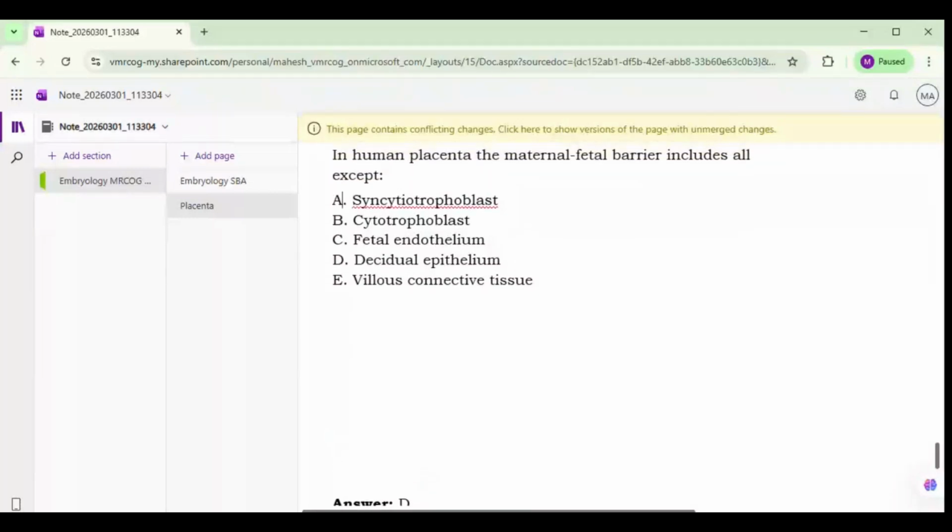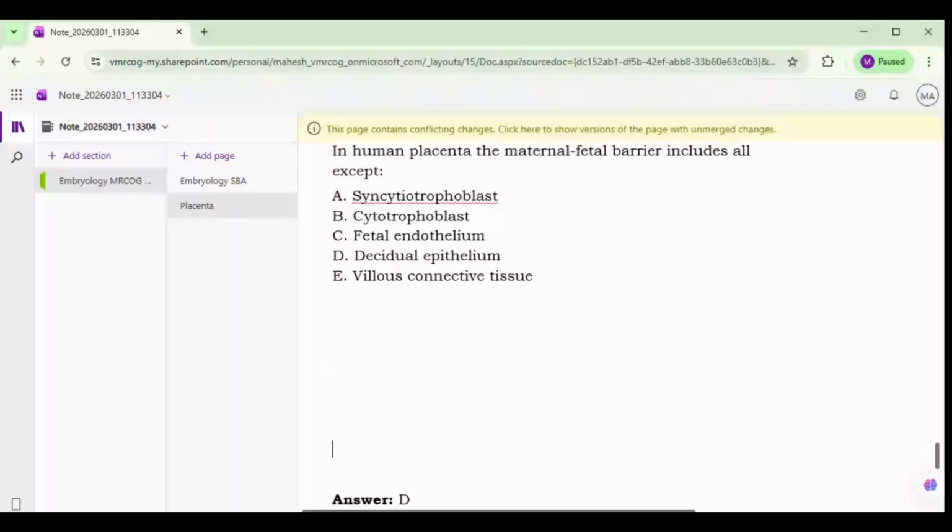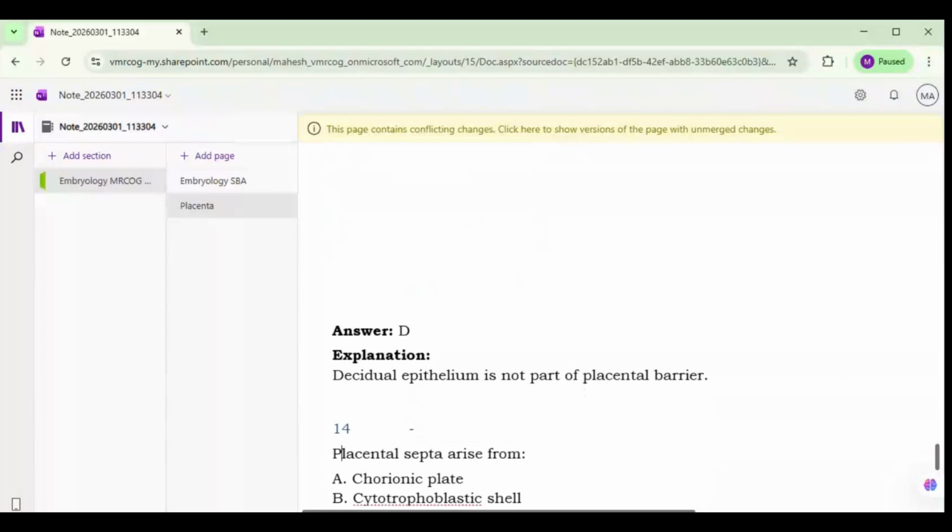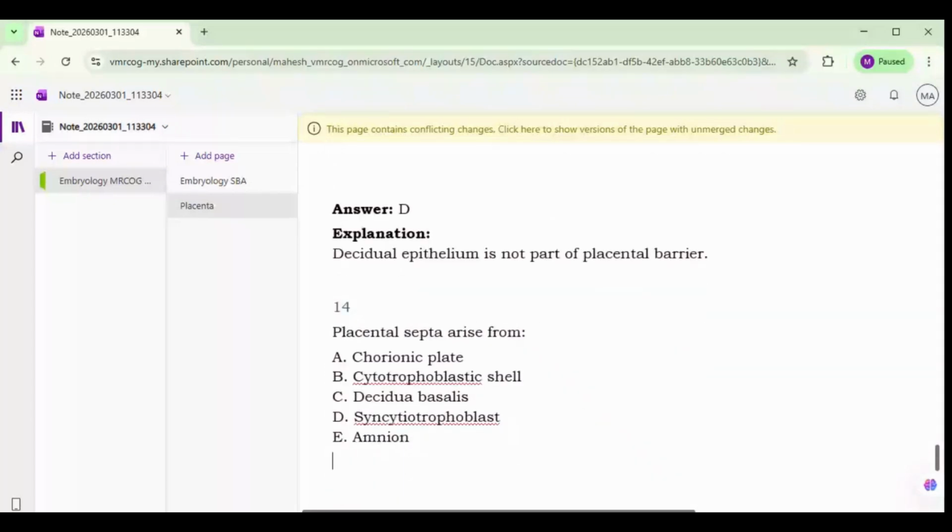So these are all parts of the villus: syncytial trophoblast, cytotrophoblast. Decidual epithelium is not a part of the placental barrier.